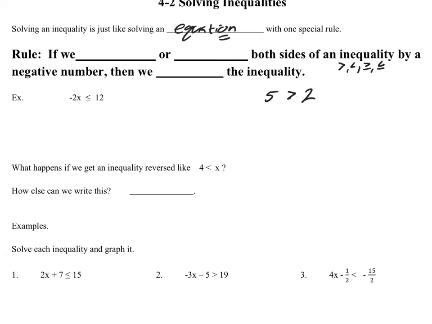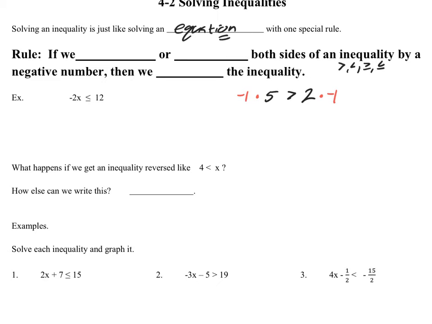In an equation, we don't have to do anything more than just multiply both sides by that number. But in an inequality, something else comes along. So I'm going to multiply both sides of this inequality by -1, and we're going to see what happens.